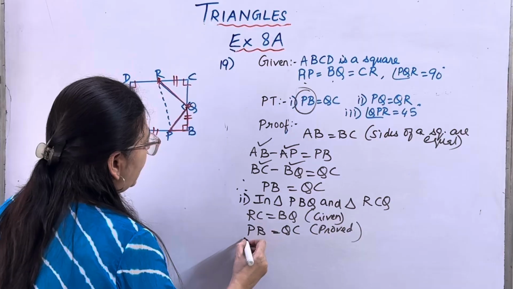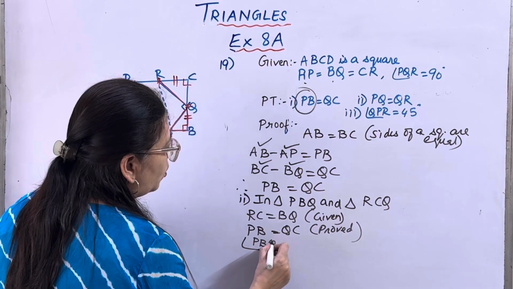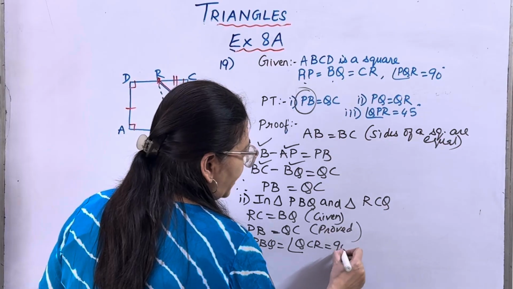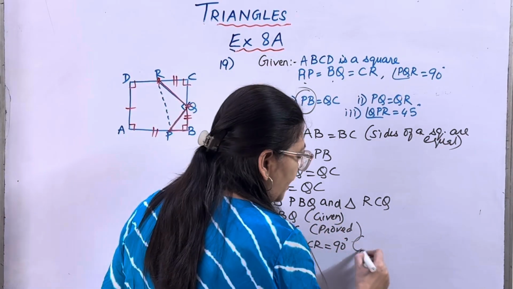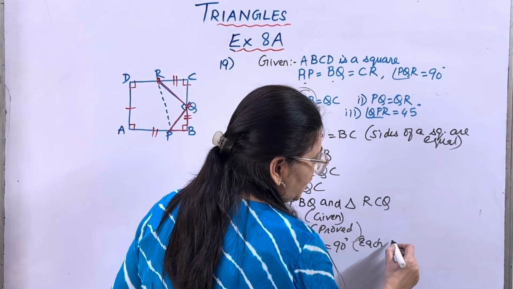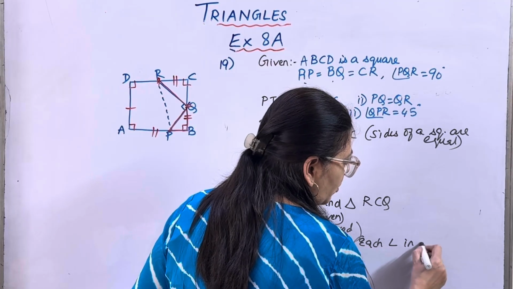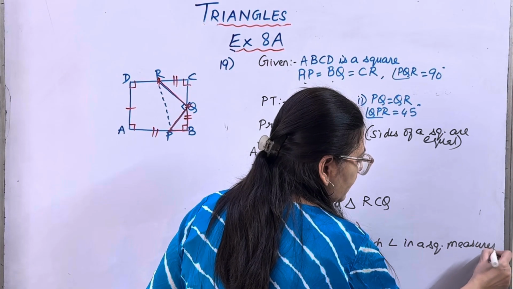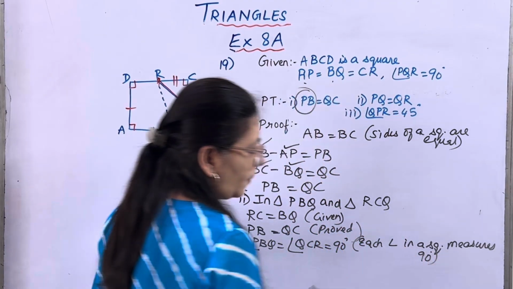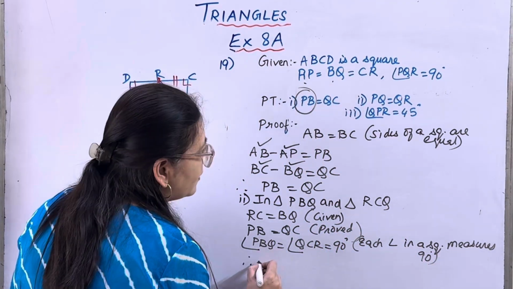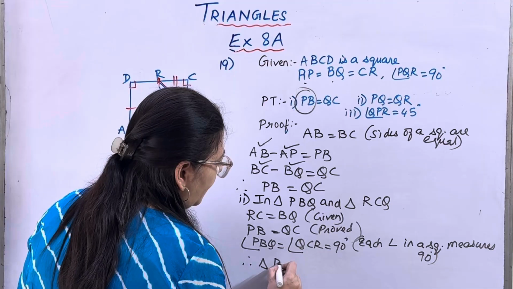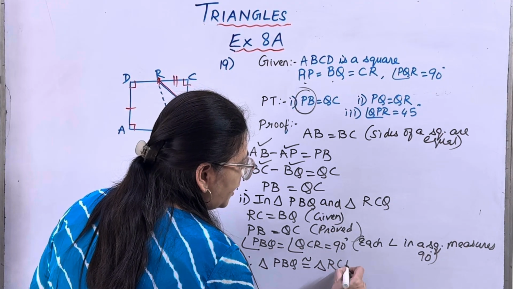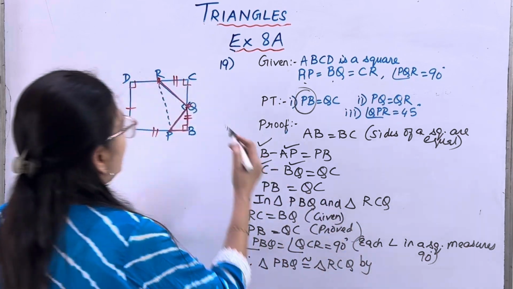And we know that angle PBQ is equal to angle QCR is equal to 90 degrees. What is the reason? Each angle in a square measures 90 degrees. Correct? Therefore, we can say triangle PBQ is congruent to triangle RCQ by which test?